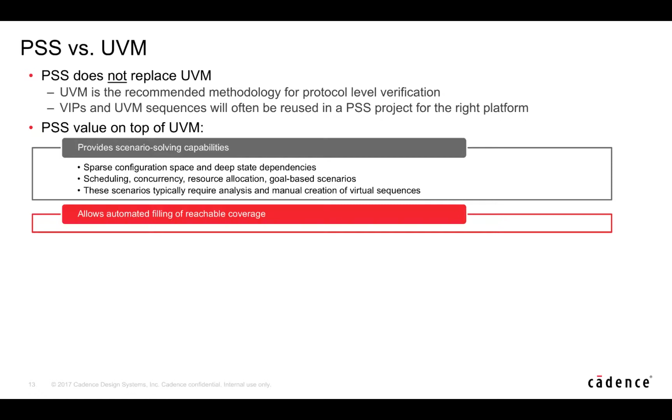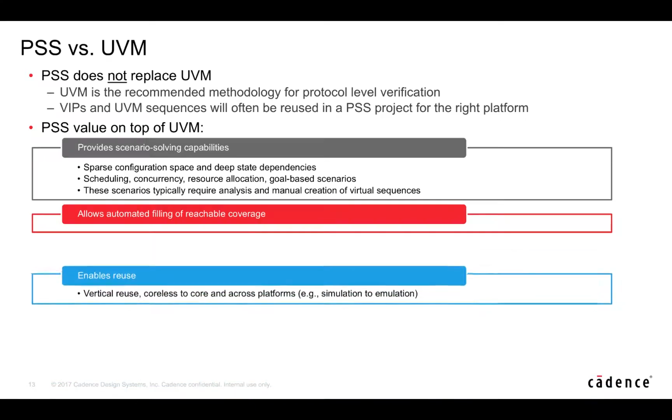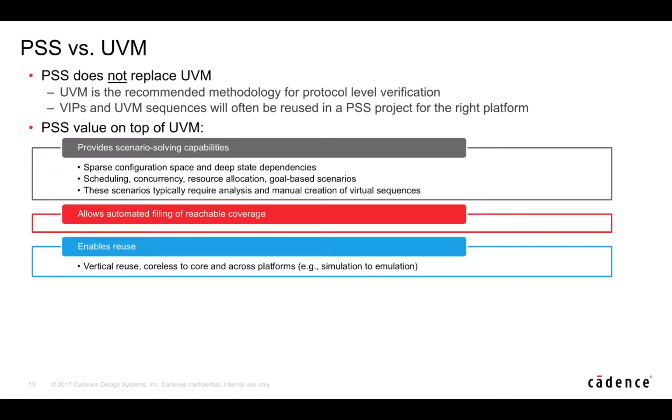So PSS can tell you, hey, this coverage is not reachable, and this is why, or this is reachable. In a goal-based approach, let me give you the solution that will hit that coverage point. So this is very efficient from the PSS point of view.